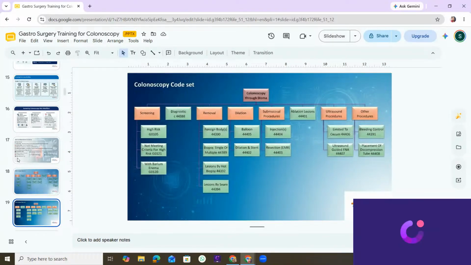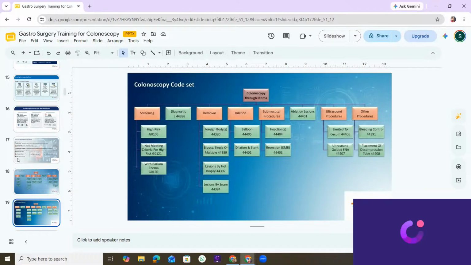Lesion by hot technique, 44392, or lesion by snare, 44394. Dilation, 44405; dilation and stent, 44402. Submucosal injection, 44404.